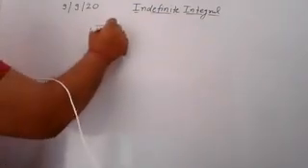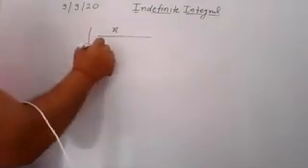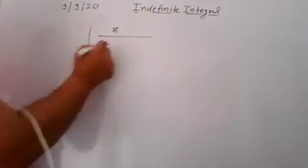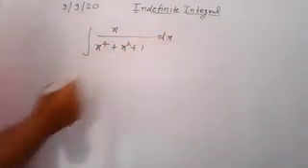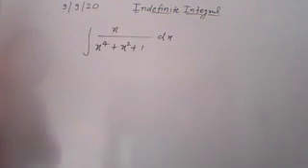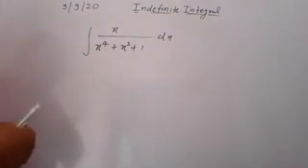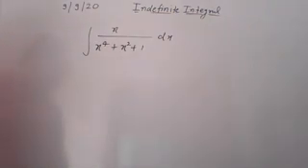Integration of x upon x to the power 4 plus x square plus 1 dx. This is your question. So what do you do? You know the form 1 upon ax square plus bx plus c.